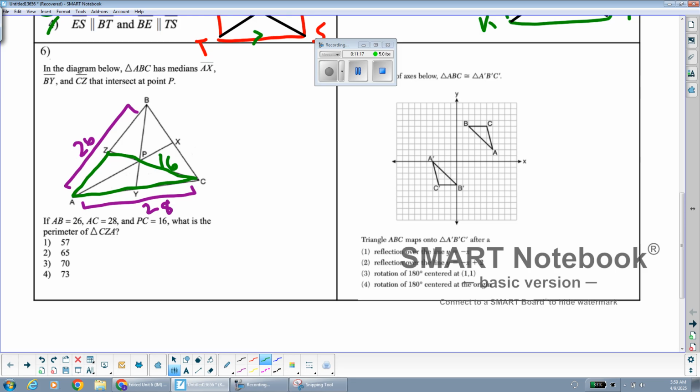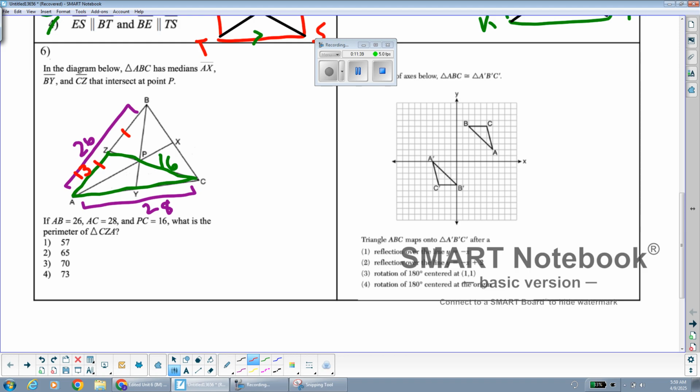So we need side CZ, we need side AZ, and we need side AC. We already have side AC is 28. We know that we have medians here, so Z is a midpoint of the side because ZC is the median, and medians connect midpoint to opposite vertex. So that means that this side over here is 13.